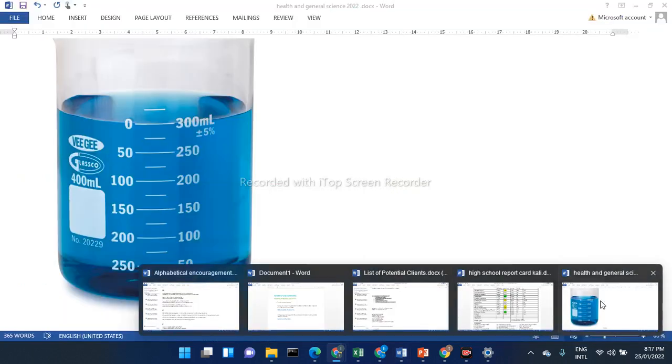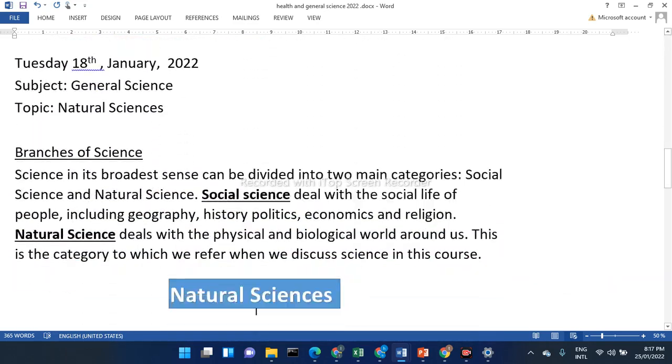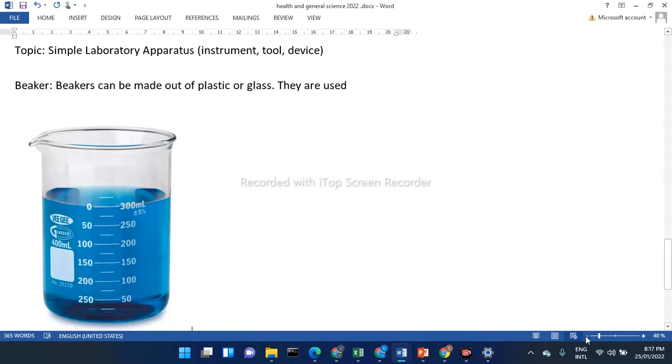So this is a beaker. This is a nice picture. I like this picture of the beaker. Very pretty.